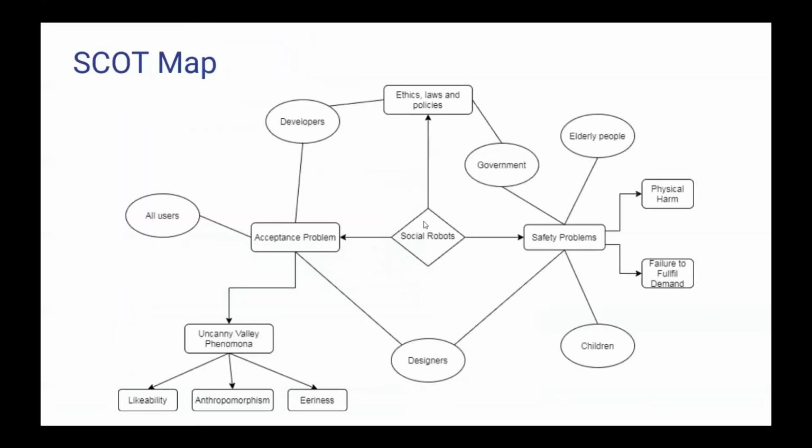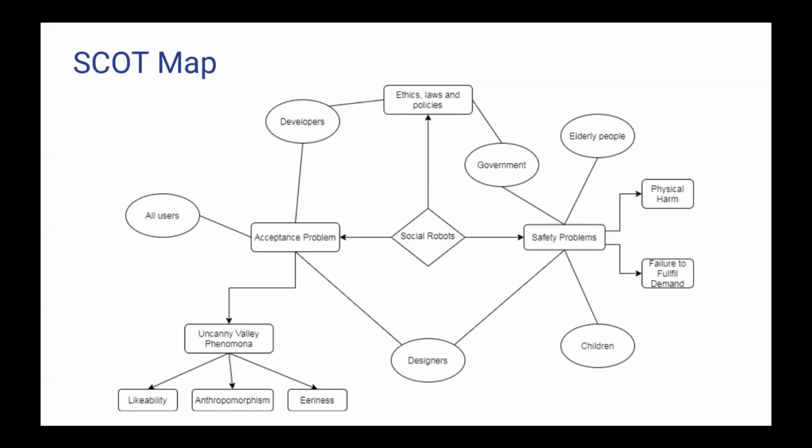In conclusion, as you can see from our SCOT map, we put the social robots as the center of our map, and we introduced our problems related to this artifact, with the relation to the social groups, such as developers and governments with the ethics, laws, and policies, and elderly people and children for the safety problems, and the designers to design those robots with the problem of the acceptance and safety.